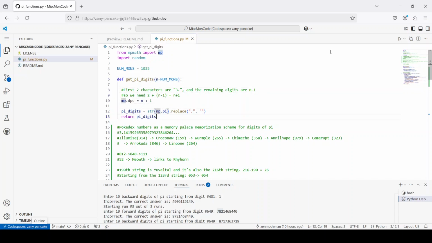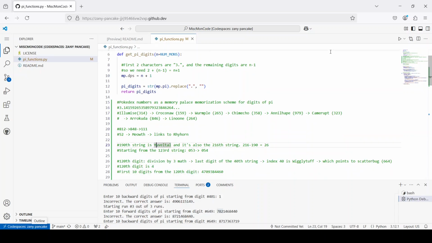So I like this, and I'm probably going to continue this until I get to the end of how far I can go with Pokedex numbers and pi. In this case, 1025 is the last Pokedex number we have so far, so I can go all the way to 3075 digits with this.